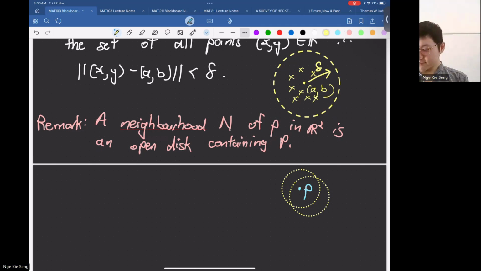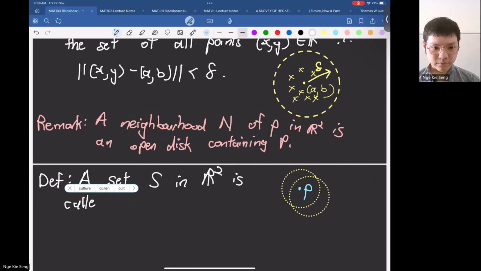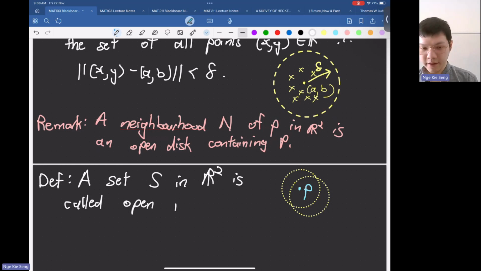Any questions? Okay. So after this neighborhood, we'll define what is called an open set. An open set: a set X in R2 is called open if for every element in X there exists an open disk.